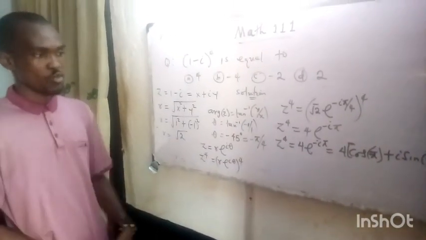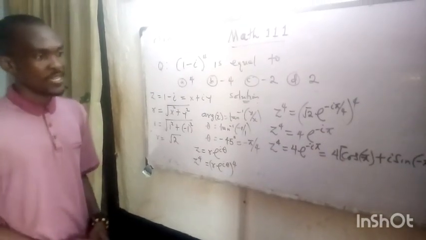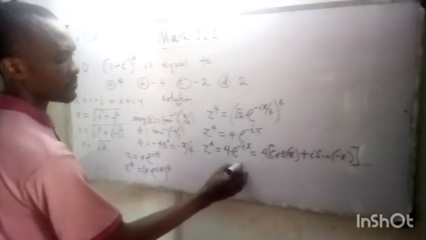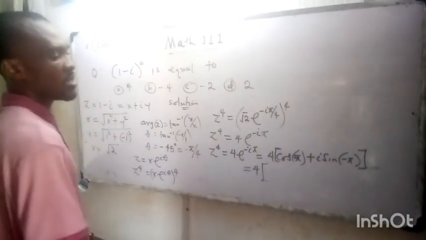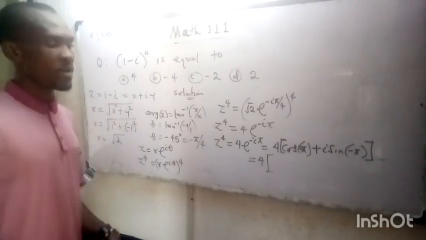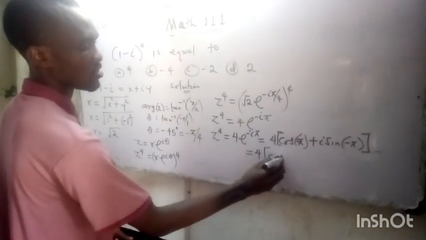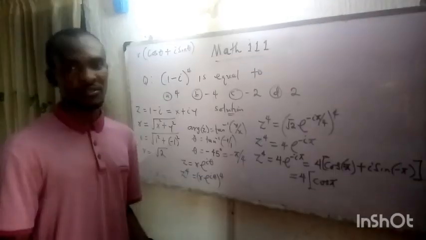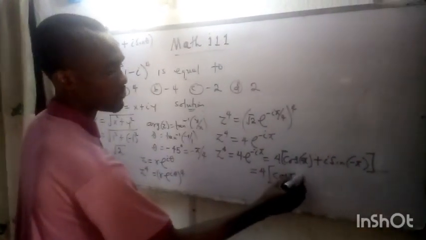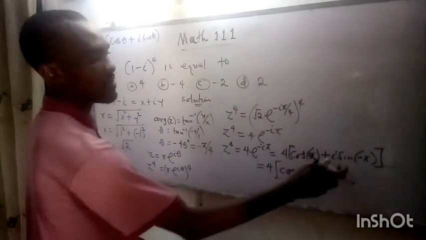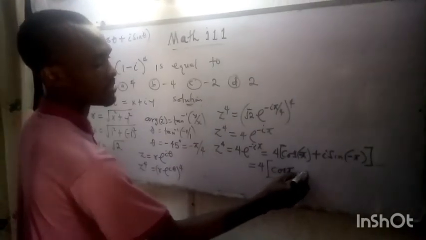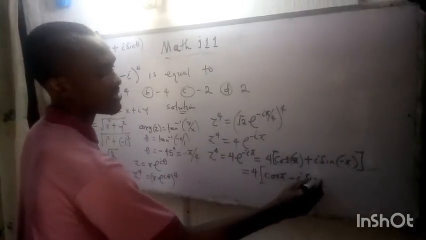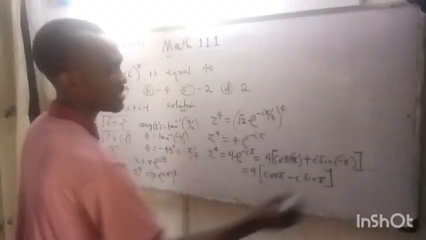So that is just what we have done over there. So let's see. We have 4 into bracket: cos minus pi is the same thing as cos pi, because cos is an even function. So we have plus sine minus pi; sine is an odd function, so this is going to be minus i sine pi.